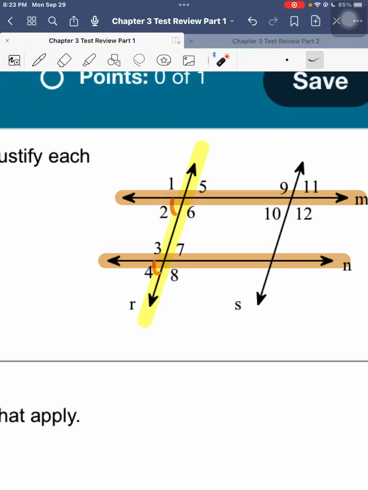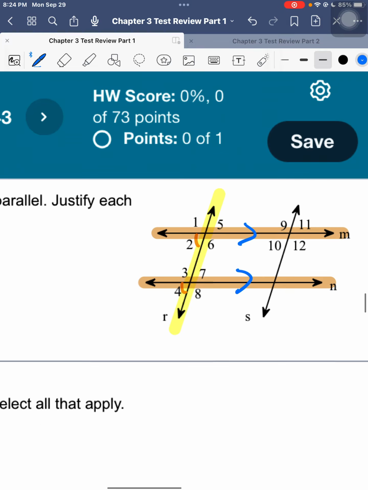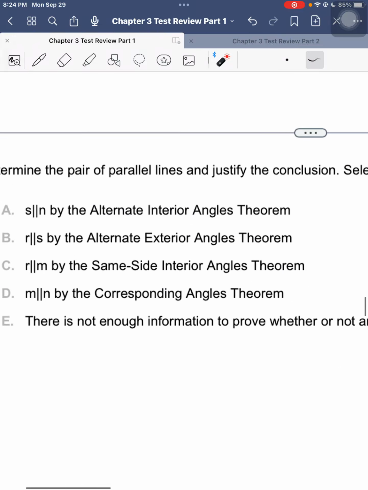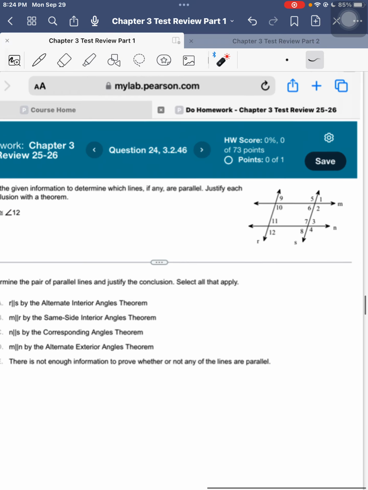That would be M and N, because they contain each one of these angles. So what is the relationship between 2 and 4? They are in corresponding positions. And if they're corresponding angles that are also congruent, then I know that the lines are parallel. So M and N are parallel because of the corresponding angles theorem.